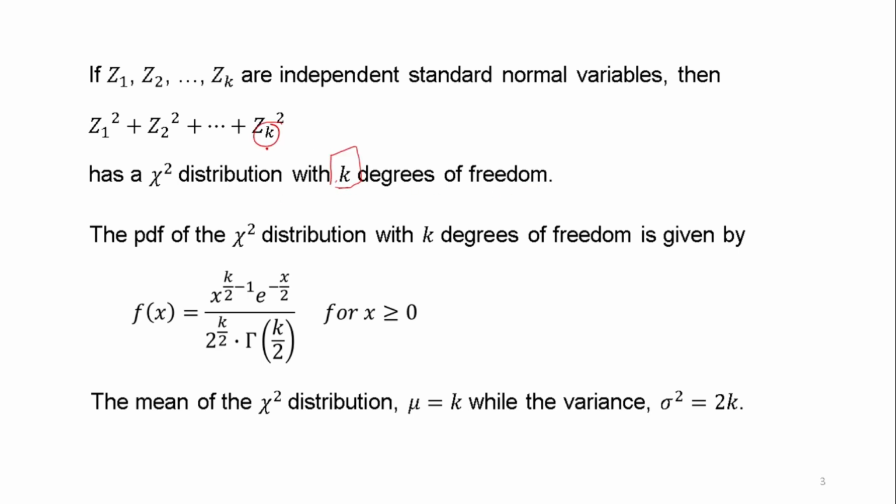So it depends on the value of k, which is the degrees of freedom for the chi-square distribution. The probability density function of the chi-square distribution with k degrees of freedom is given by this function, for x greater than or equal to 0. This is our second theorem.